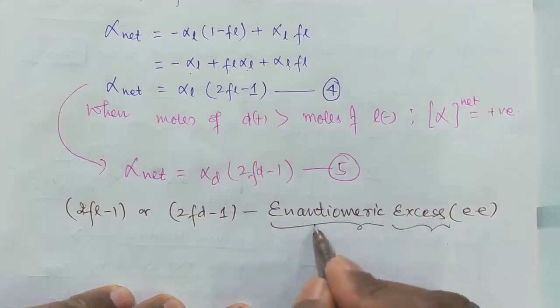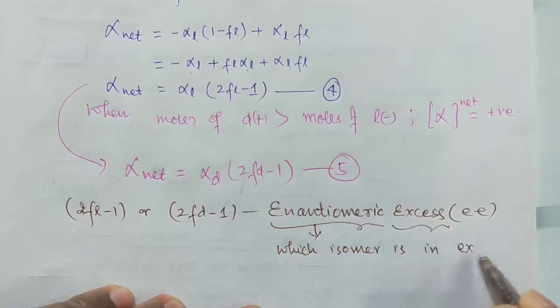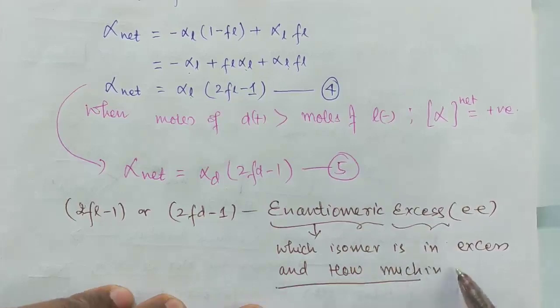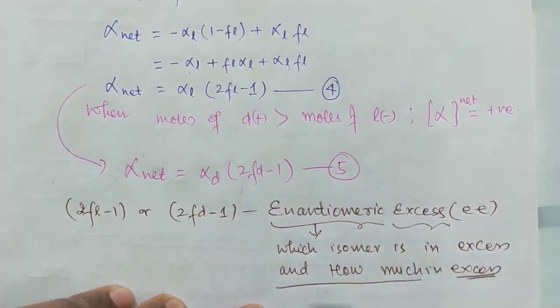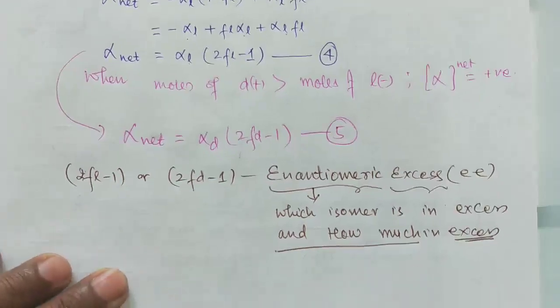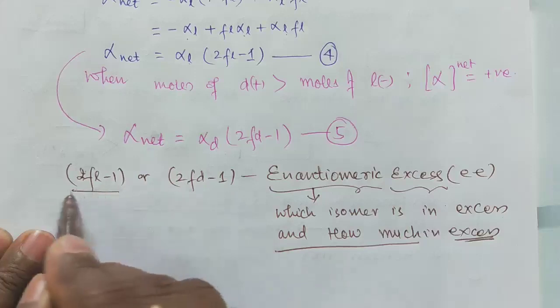So enantiomeric excess means which isomer is in excess and how much it is in excess. So by using this, you can find out which enantiomer, either D or L, is in excess and how much.